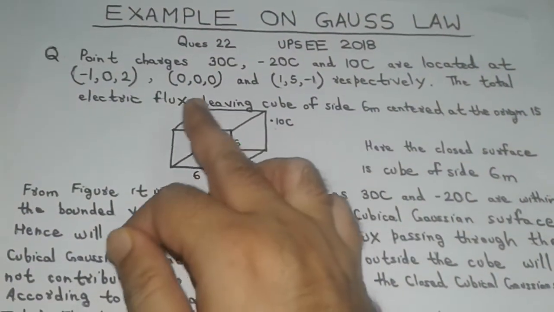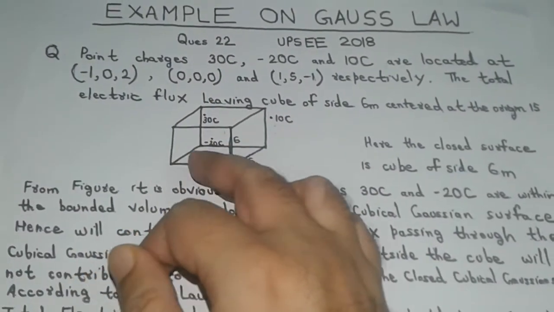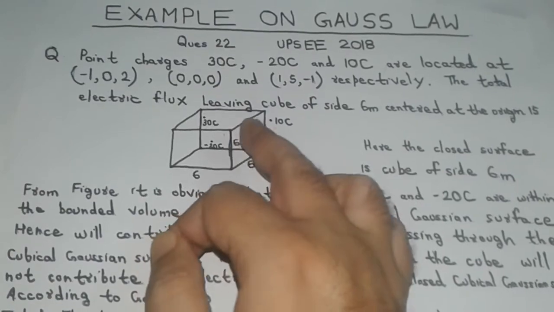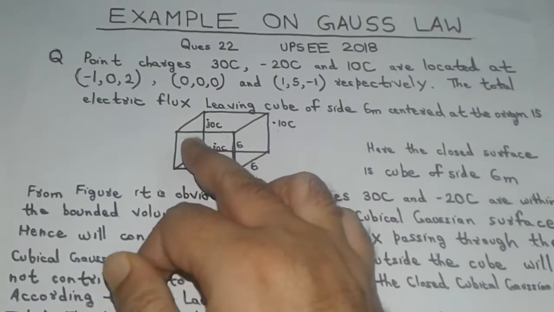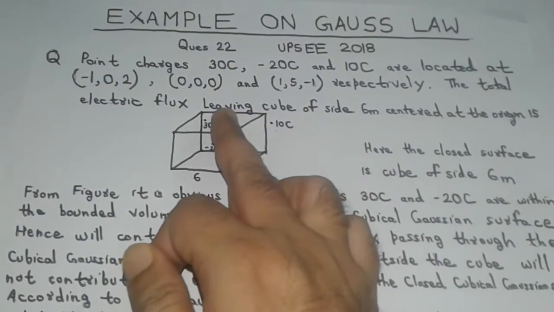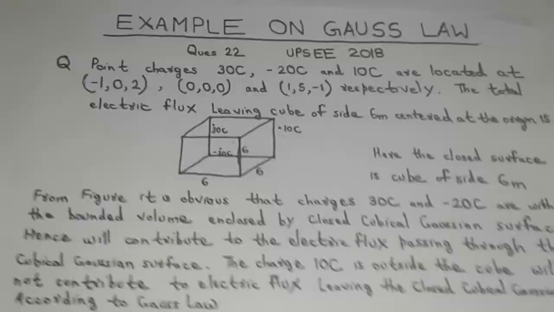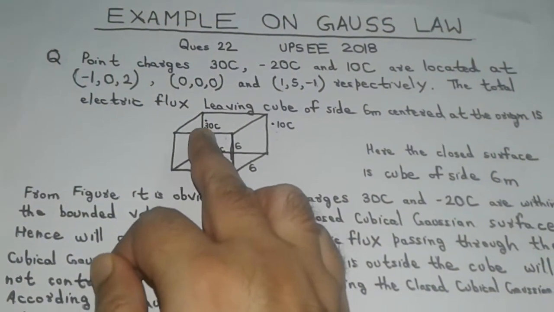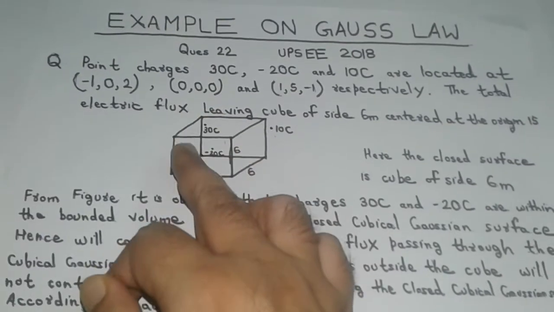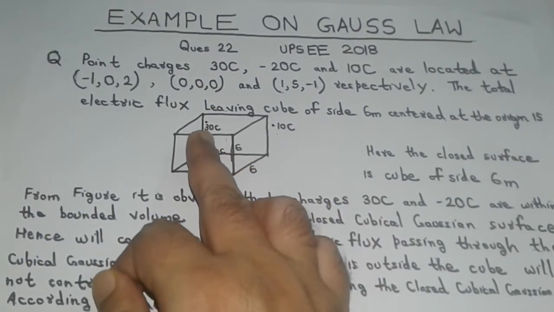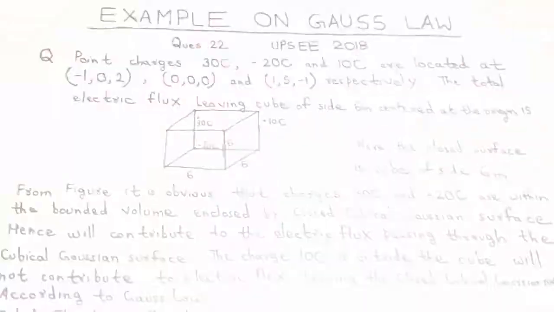So to determine the total electric flux passing through the closed cubical Gaussian surface, we have to determine the net charge present in the bounded volume enclosed by the cubical Gaussian surface. So from the figure it is evident that the net charge in the bounded volume is 30 coulomb minus 20 coulomb which is 10 coulomb.